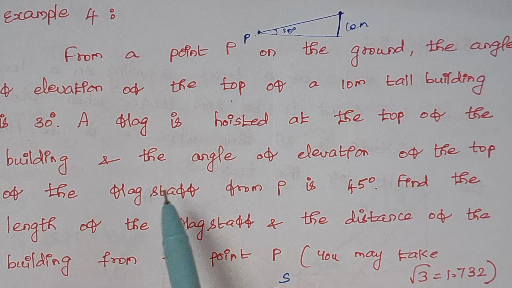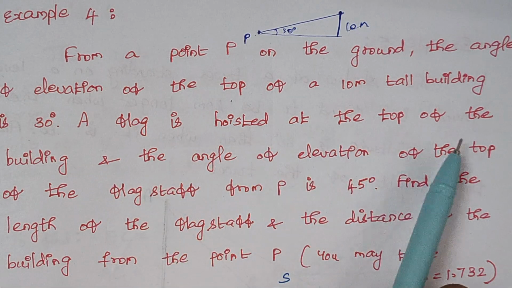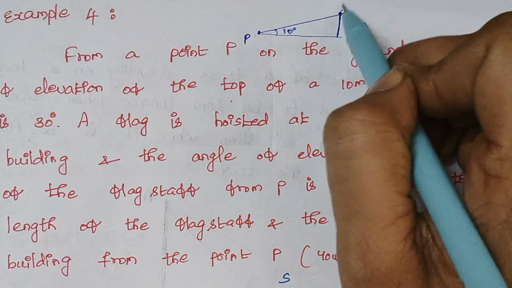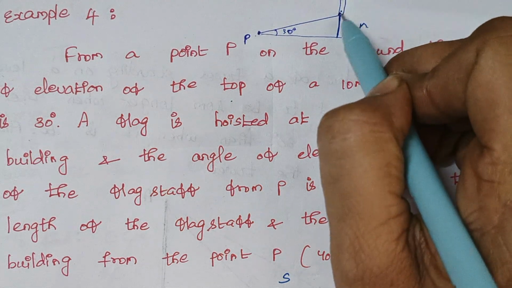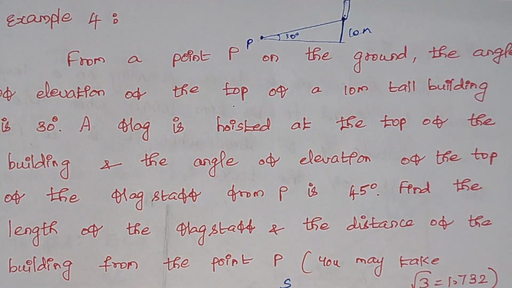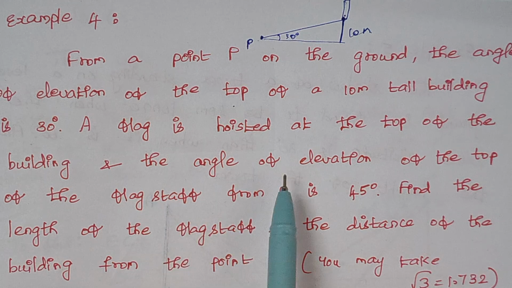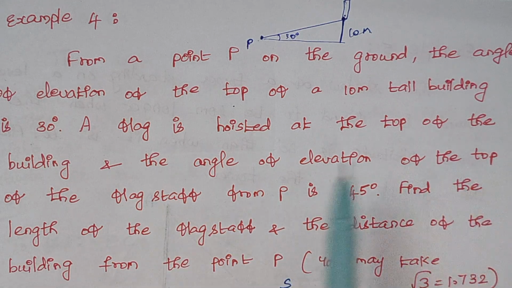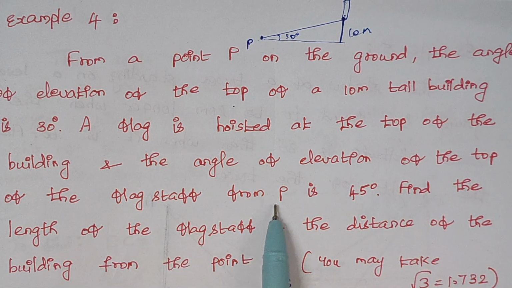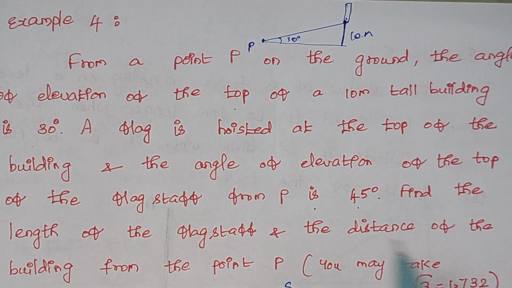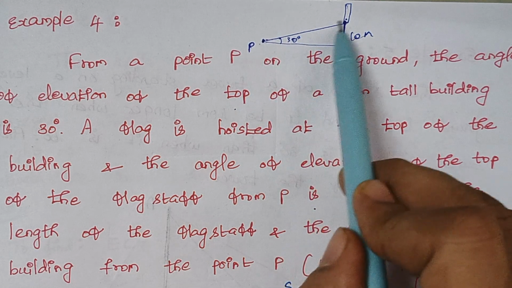Now a flag is hoisted at the top of the building. So on the top of the building I am having a flag, and the angle of elevation of the top of the flag staff from point P is 45 degrees. I believe you understand this.